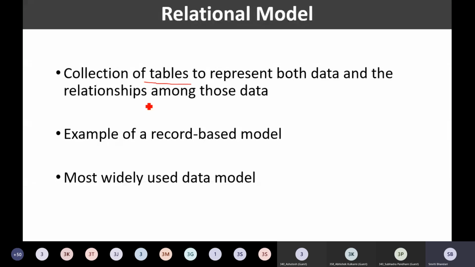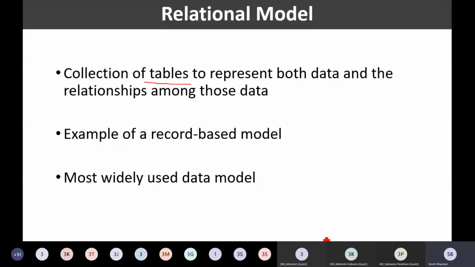We have seen one example of an ER model. We had instructor as an entity set, student as another entity set, and a relationship between these two entity sets. That was the advisor relationship.